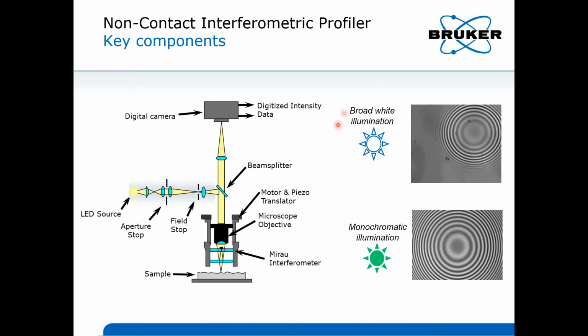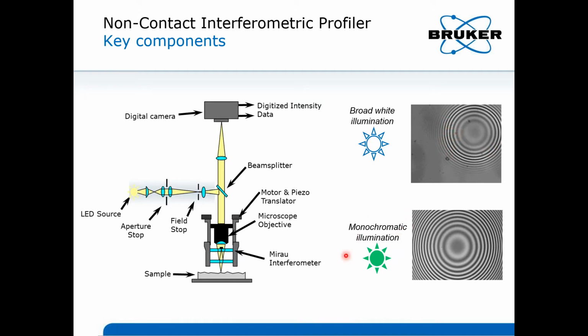If we use broad white illumination like strong, high-brightness LEDs and look at the surface of a ball bearing, we see nice concentric circles, which is limited because of the low coherence of the light. Here we spot exactly where the focus plane is, around plus or minus 1 micron on those rings.